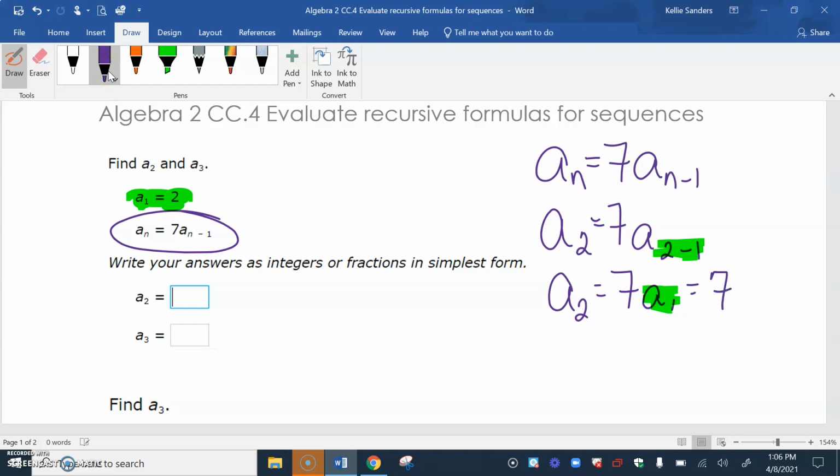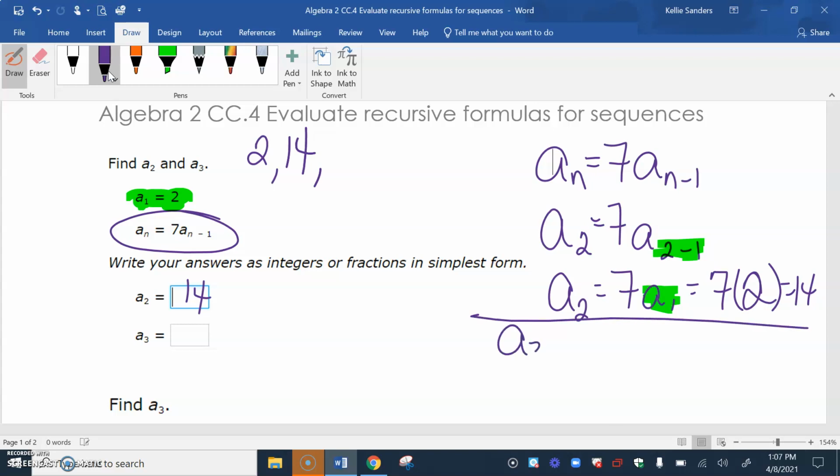A sub 1 is 2. And so the 7 is going to stay, and it's being multiplied to A sub 1, which means 2. So our second term is 14. So our first term is 2, and our second term is 14. Now we need to find our third term.